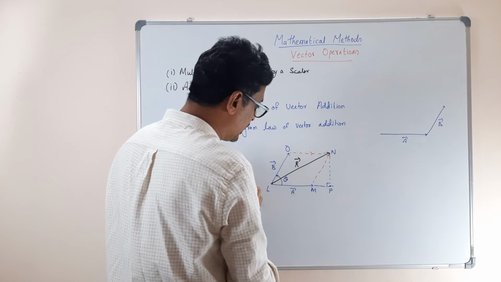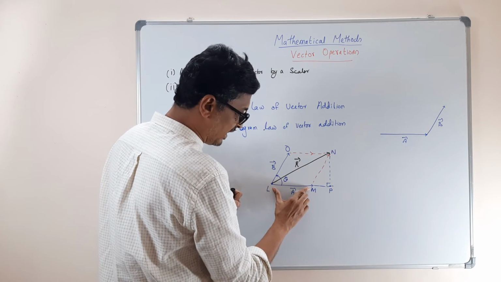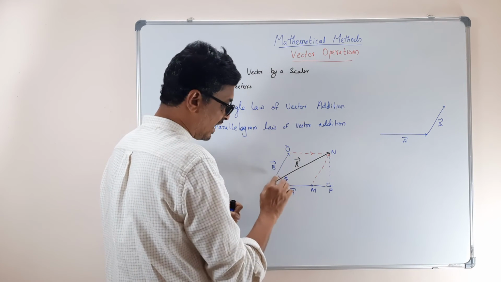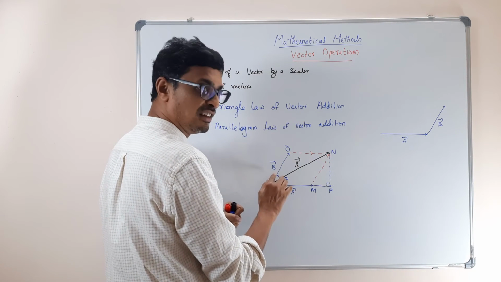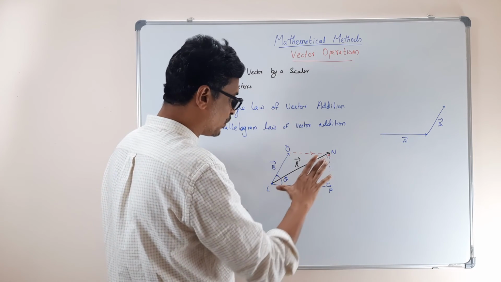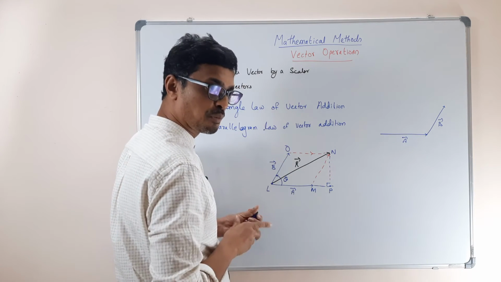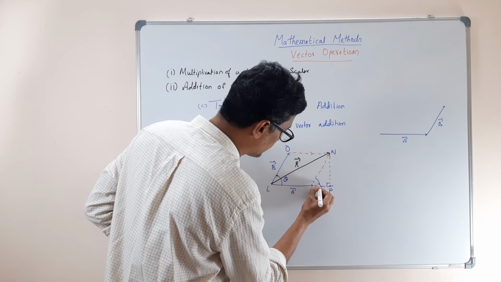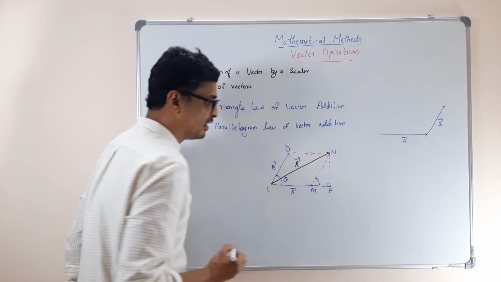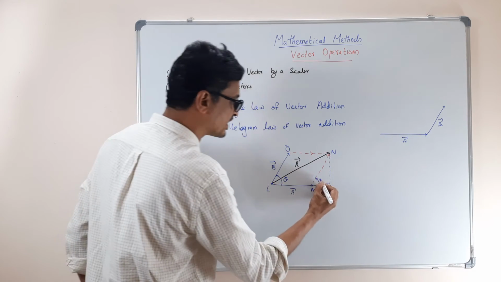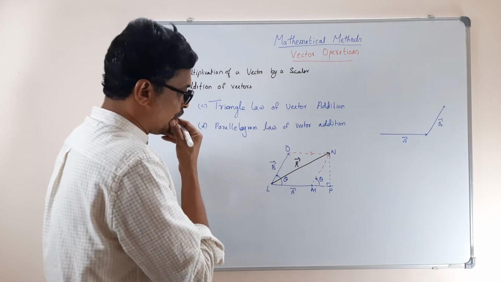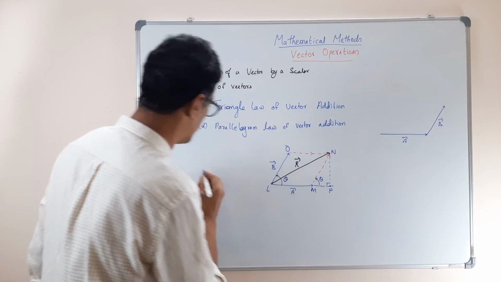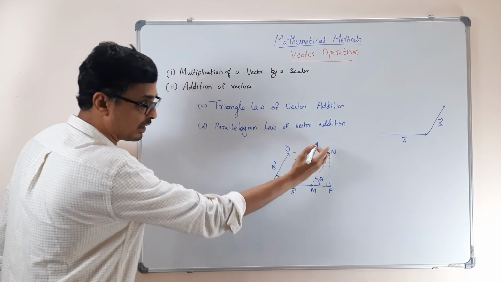What are the things we are given? Length LM is given, LO is given, and the angle between these two is given. So we have to find out what LN is. What will be this angle? Yes, it's a parallelogram, correct? It's theta. So let us write LN square, that's our Pythagoras theorem.